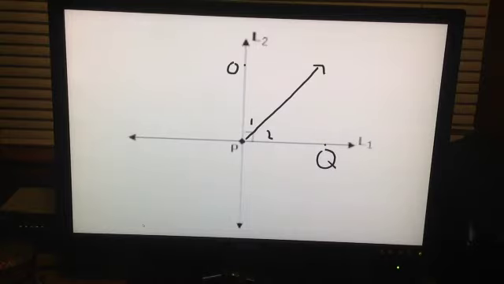The measure of angle 1 plus the measure of angle 2 equals the measure of angle OPQ, and that's the angle addition postulate. The measure of angle 1 plus the measure of angle 2 equals 90 degrees, and that's the substitution property of equality. And angles 1 and 2 are complementary, and that's the definition of complementary angles.